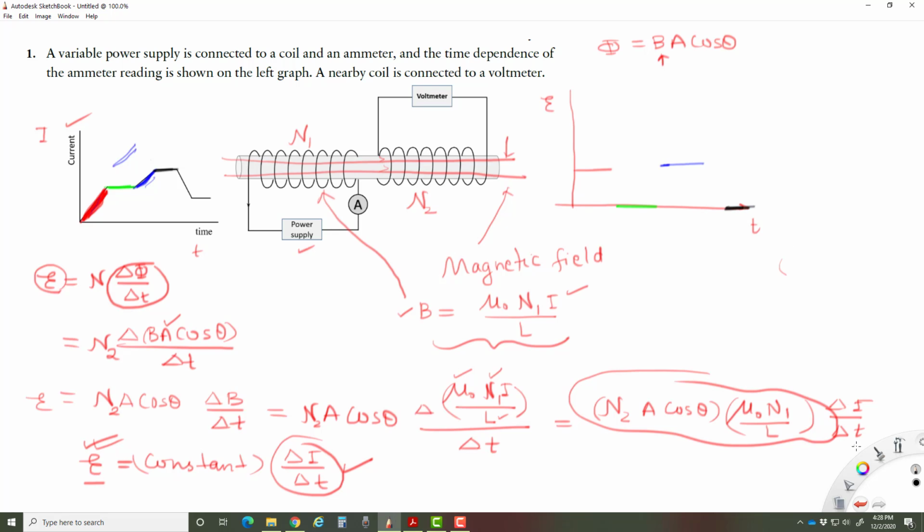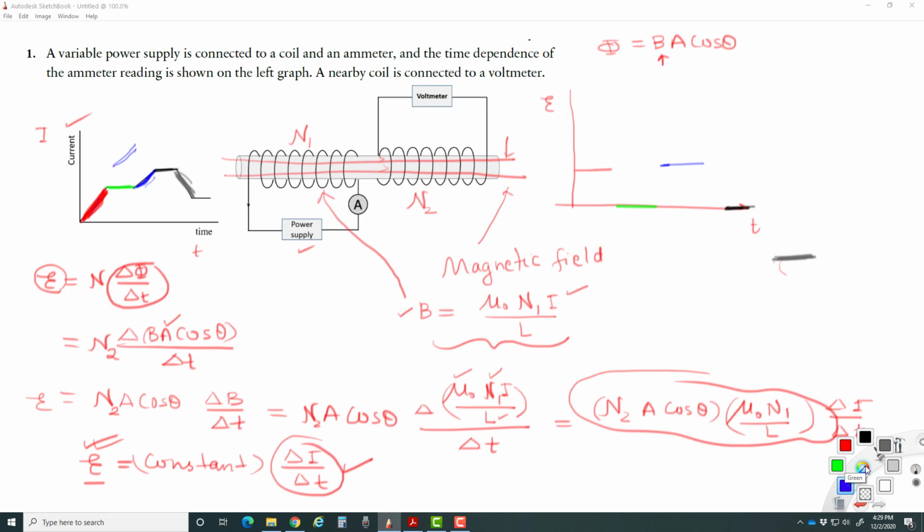And then we have this part, with the value decreasing. That means there is negative slope. So for that part we have negative slope. And then the last one, let's see what color is left. Red, green, blue, black, gray. Okay, let's just use green.